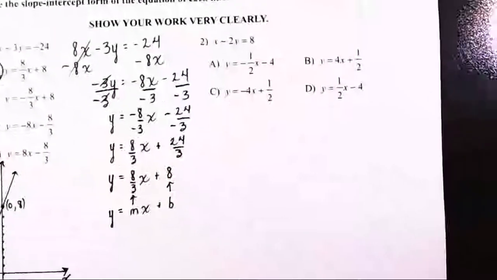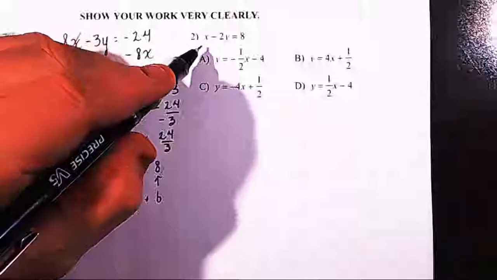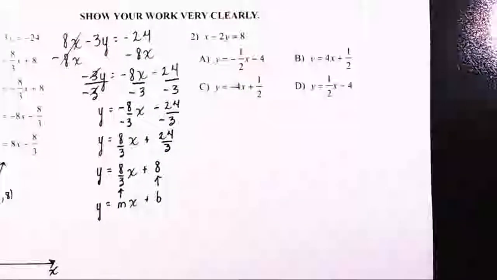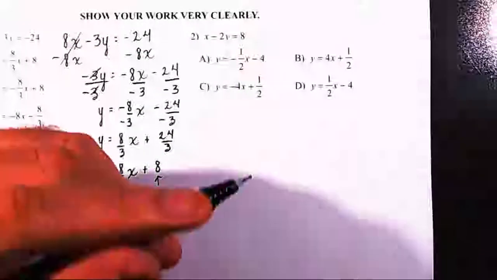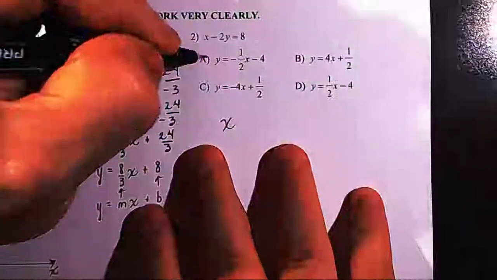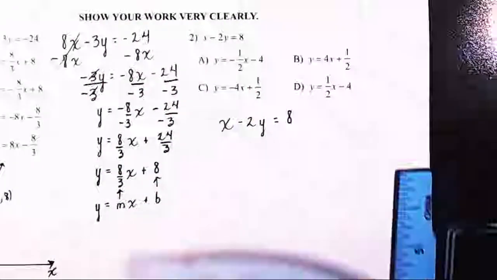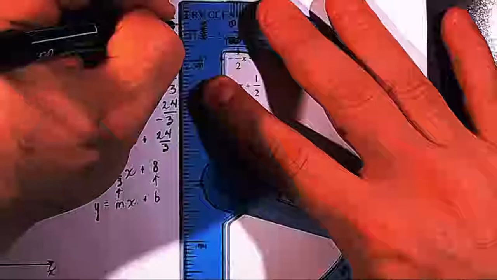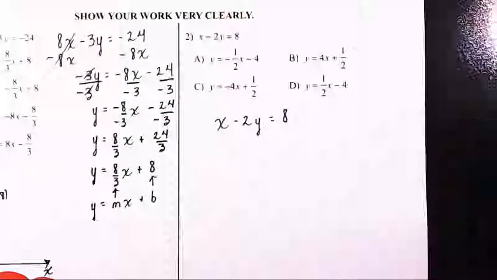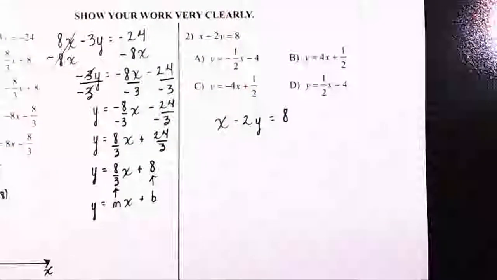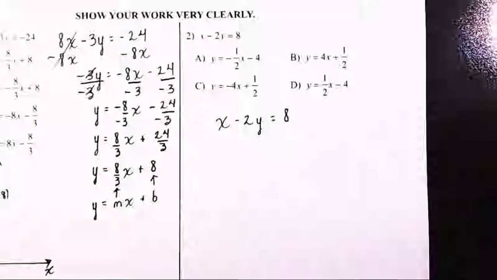Moving on. Our next equation for number 2 is x minus 2y equals 8. Let me just draw a line here so it's clear what we're doing. Now I'm going to work on this. So again, my goal is to get y by itself on the left side and push everything else to the right side.